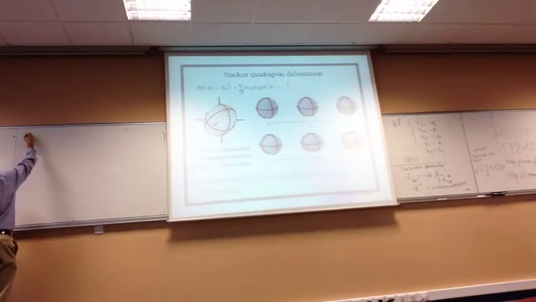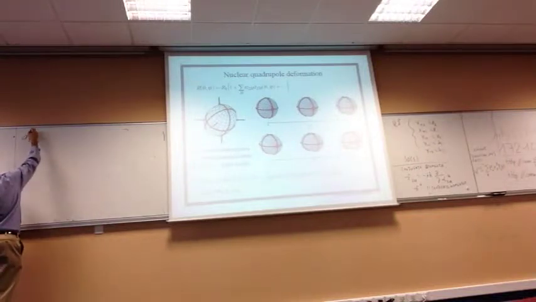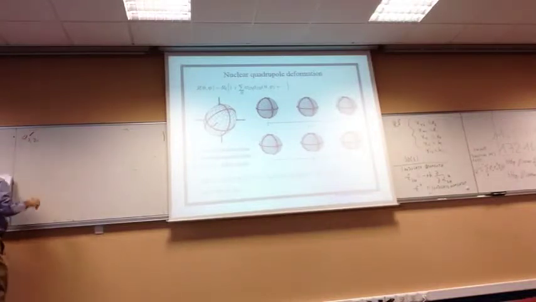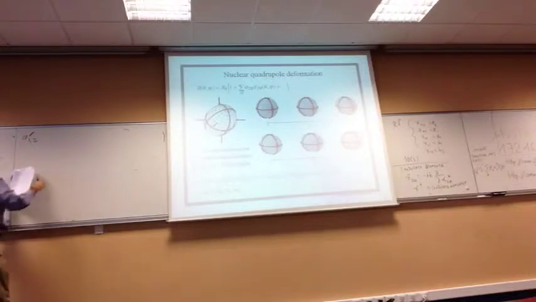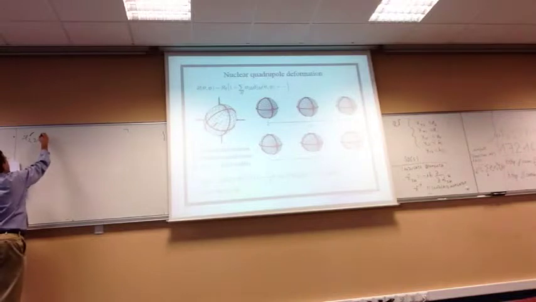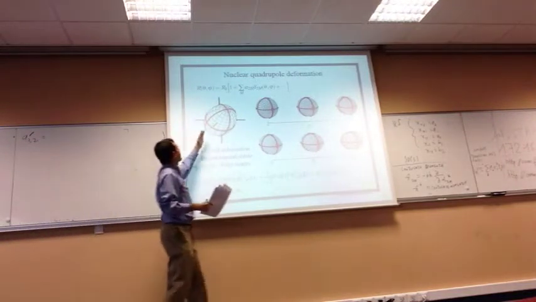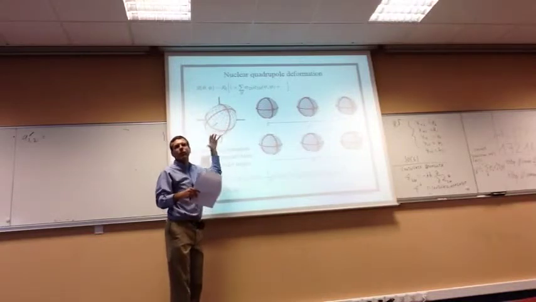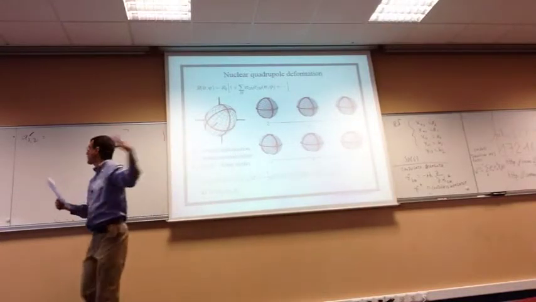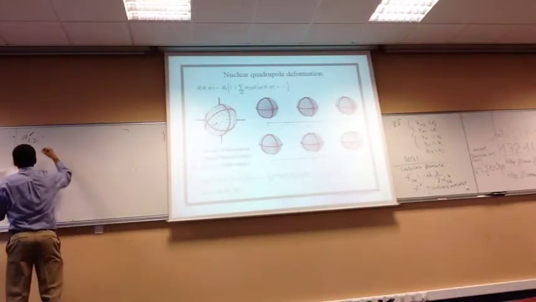I probably should have used prime for these, but I'll try to do this on the fly. Let's use primed, and there'll be an A instead of an alpha just for good measure, to describe the intrinsic frame. Once you go to the intrinsic frame, we have those axes set up. This shape is still quadrupole deformed. We can still write expansion coefficients for its surface shape.